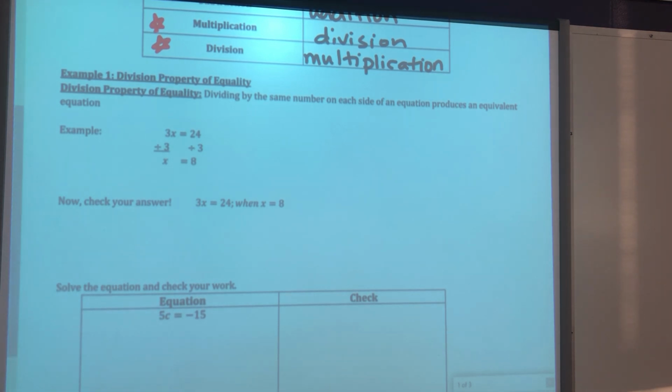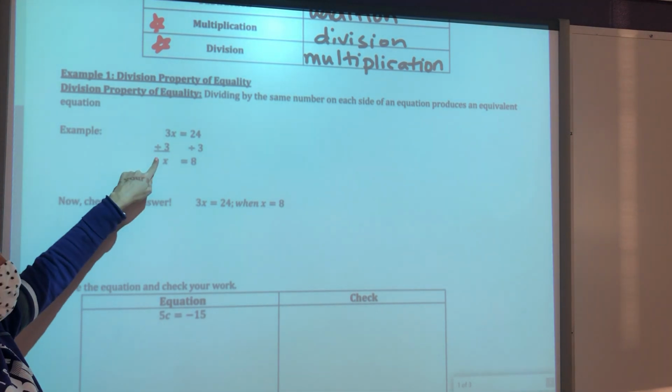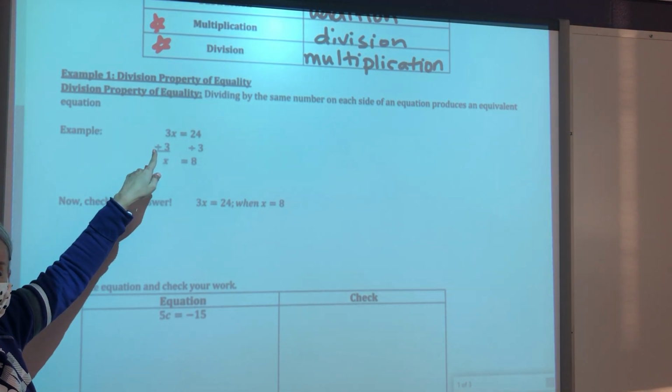So the inverse of multiplying by 3 would be dividing by 3. What is 3 divided by 3? 1.